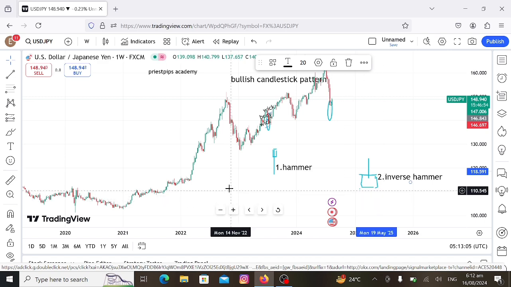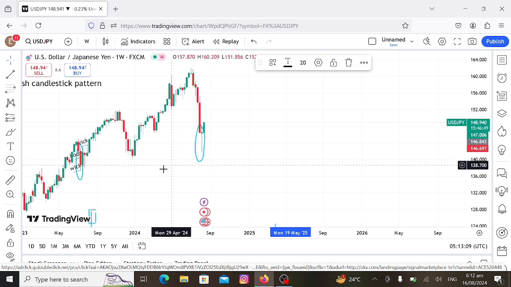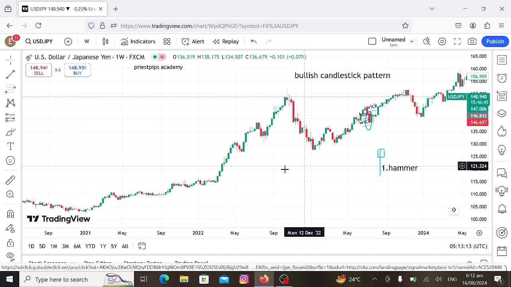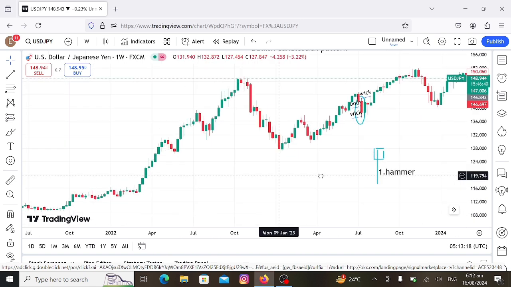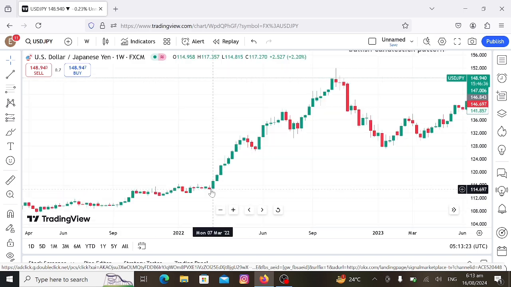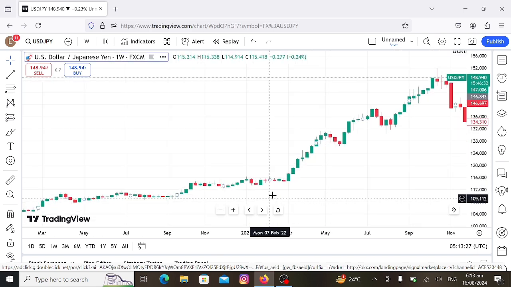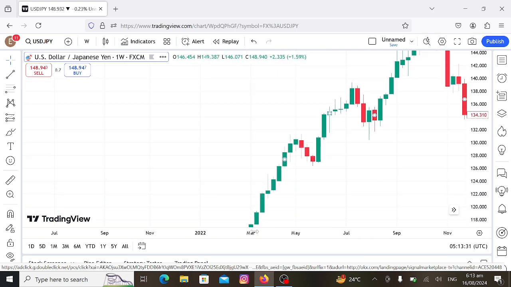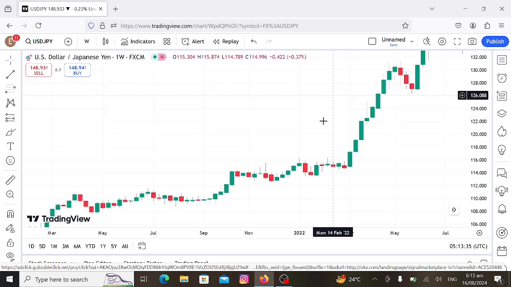So let us spot an inverse hammer on the chart. This is a perfect example of an inverse hammer. It indicates that buyers will soon take control of the market.